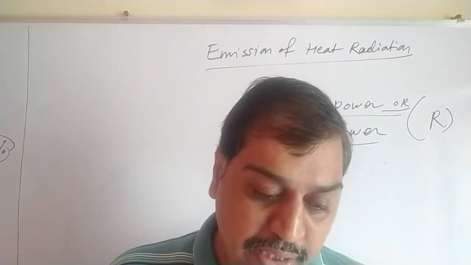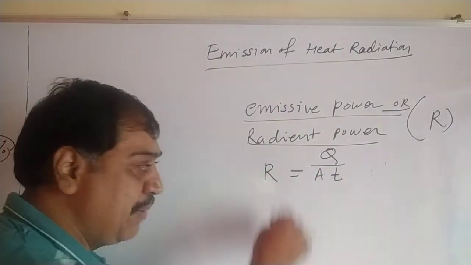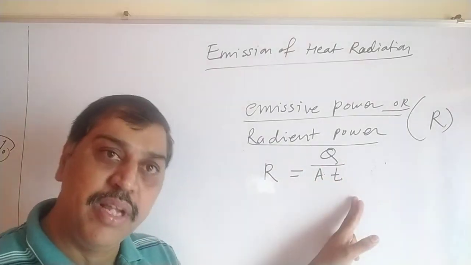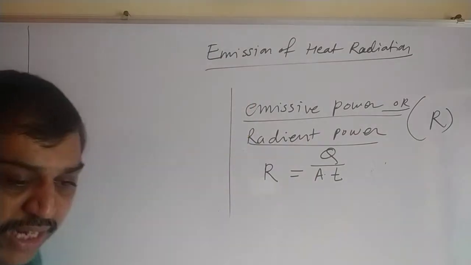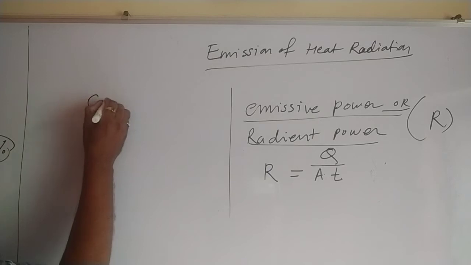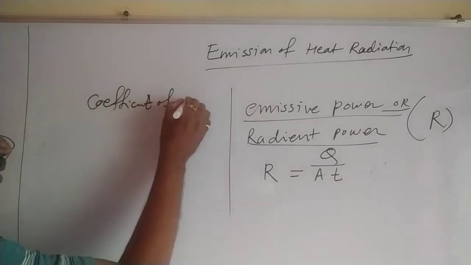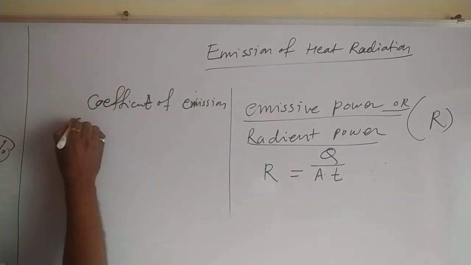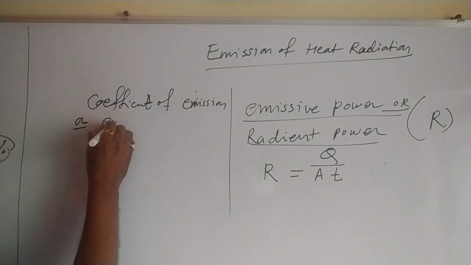After that, here they have mentioned coefficient of emission or emissivity. This is emissive power, the amount of heat radiation incident per unit area per unit time, that is the radiant power. Now let's go to the next: what is the coefficient of emission, or the emissivity of a perfectly black body?